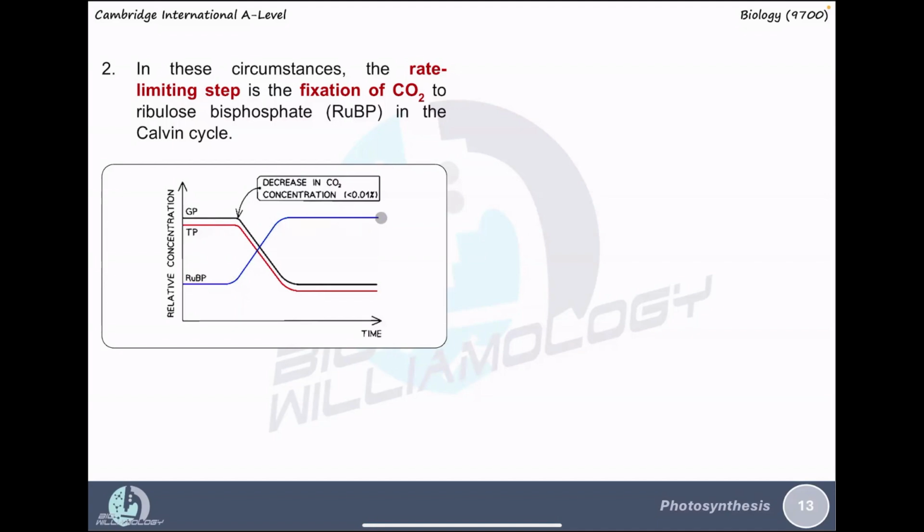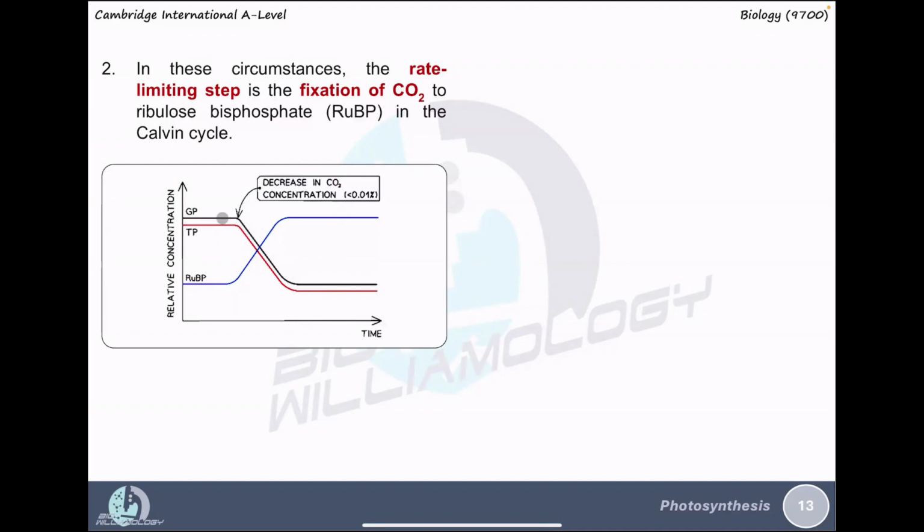And because of the lack of reaction between RuBP and CO2, GP concentration decreases. Why? Because light intensity is not a limiting factor, and reduced NADP can still be produced by the light-dependent reaction, or non-cyclic photophosphorylation. So with the presence of reduced NADP, GP can be reduced to TP.